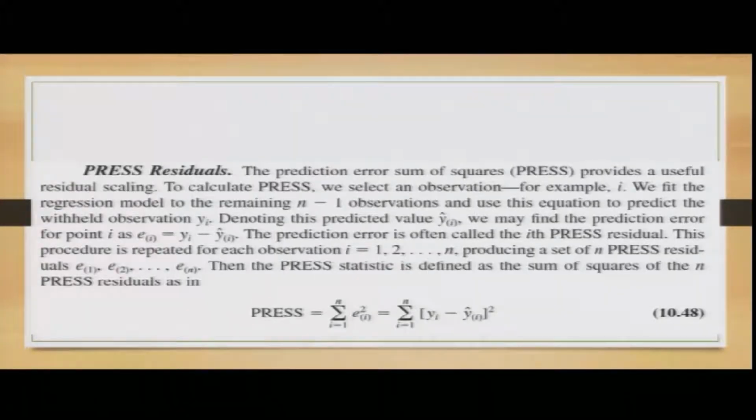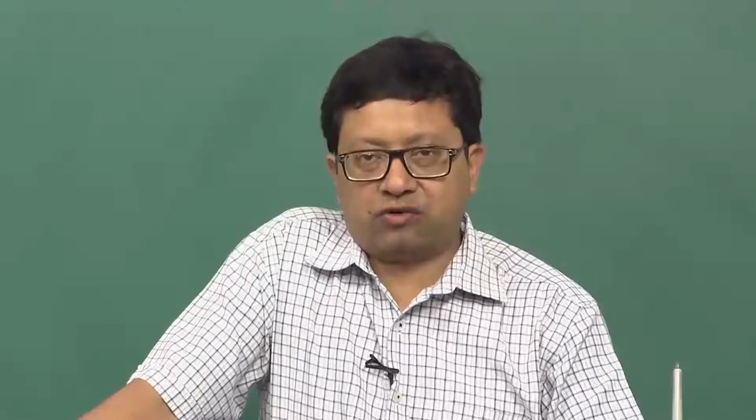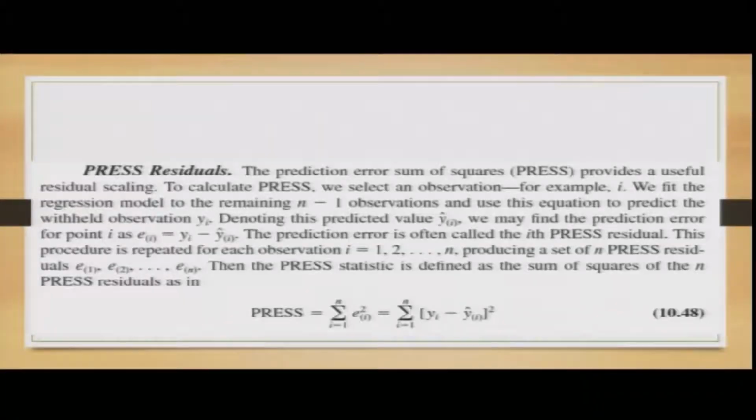The prediction error sum of the squares. So, you want to predict; the sum of the squares of errors provides a useful residual scaling. So, you basically want to scale down the positive and negative fluctuations and predict. To calculate this value, we select an observation, any random observation, the ith one.